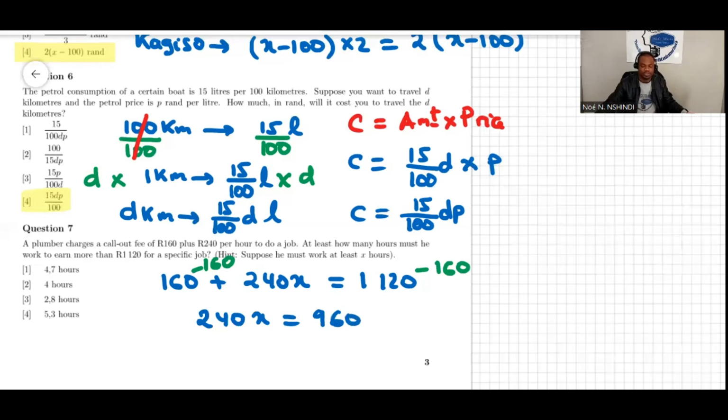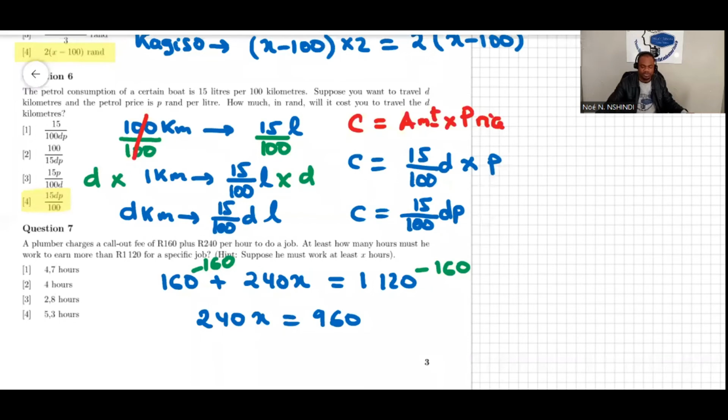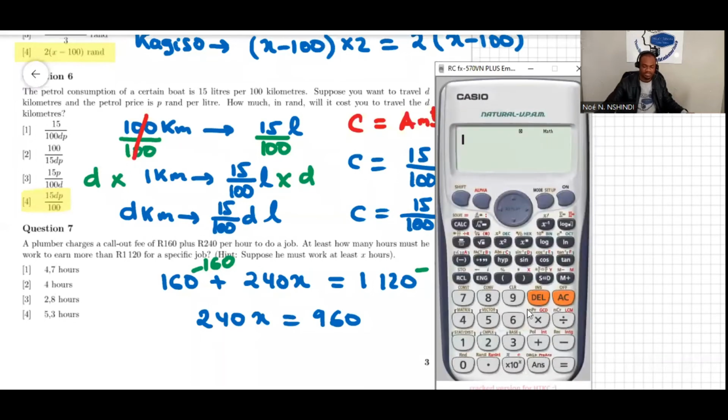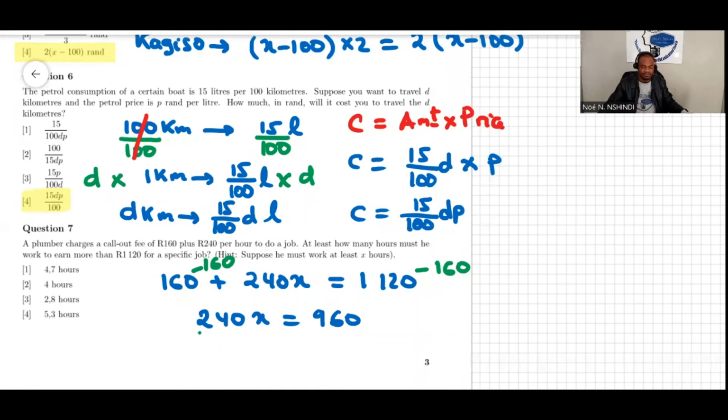If you're unsure, you can check that in the calculator. Here it is: 1,120 minus 160 is equal to 960. So if I need to work out the value of X, then I will divide here by 240. Why divide by 240?